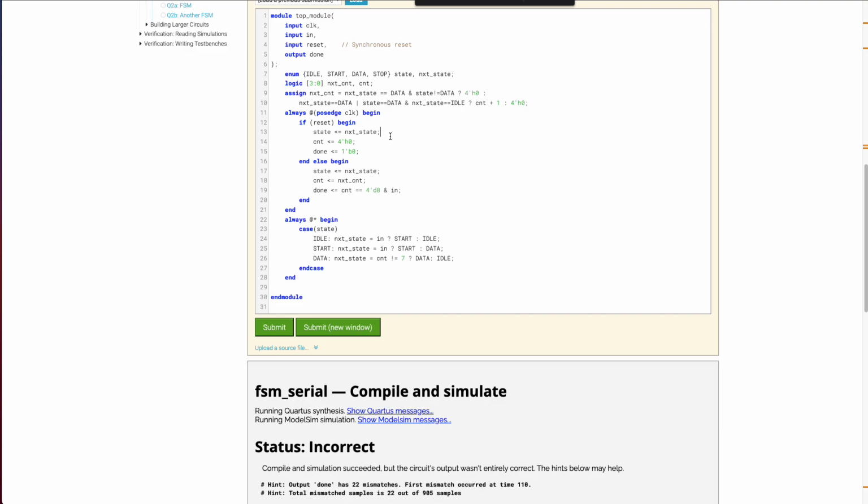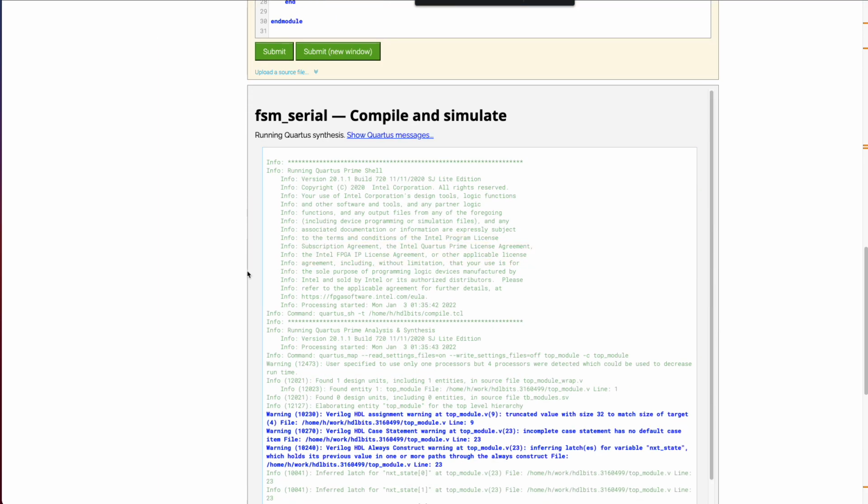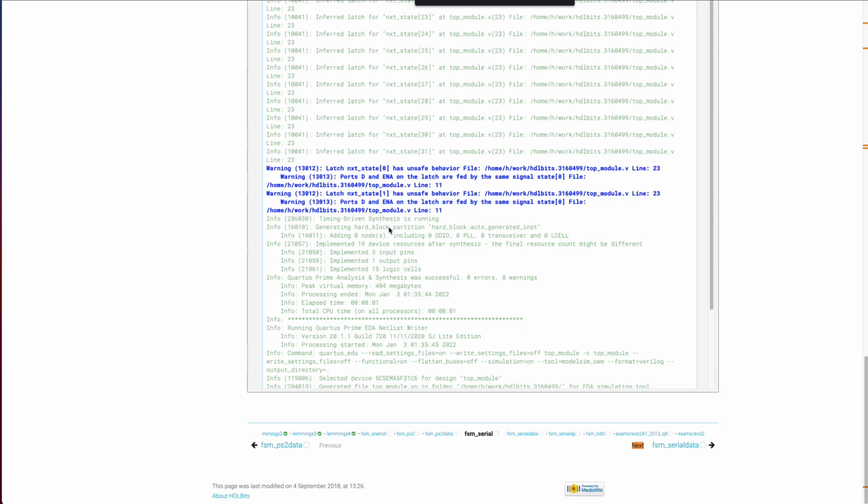Because next state starts at x, right? Like it doesn't start at 0. So they want state to be reset agnostic.